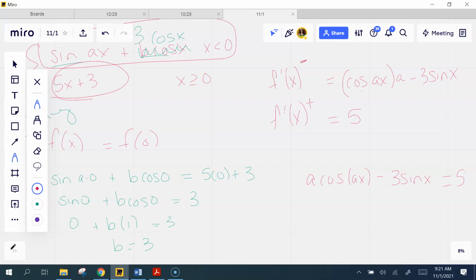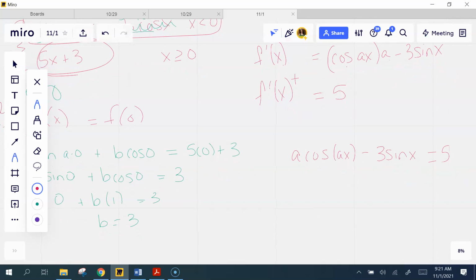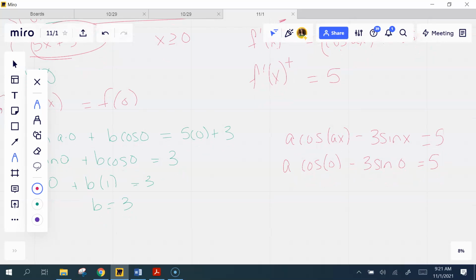Now I'm going to plug in 0 for my x's because it says when x equals 0. So a times the cosine of a times 0, minus 3 sine 0. What's the cosine of 0? What's the sine of 0? So that means you have a equals 5.